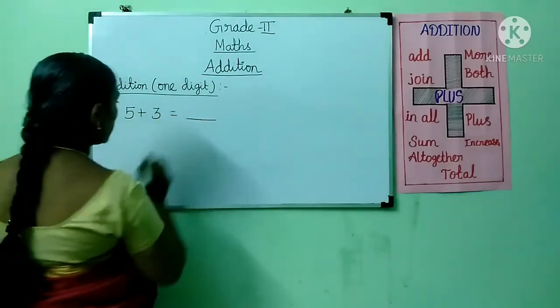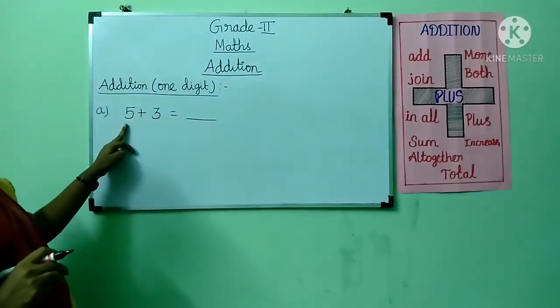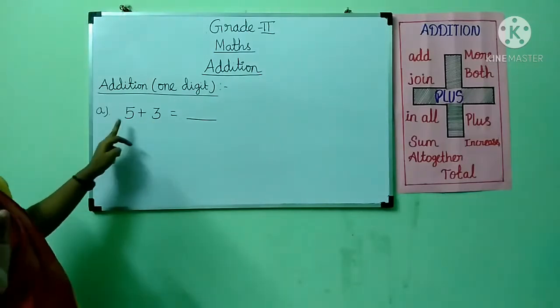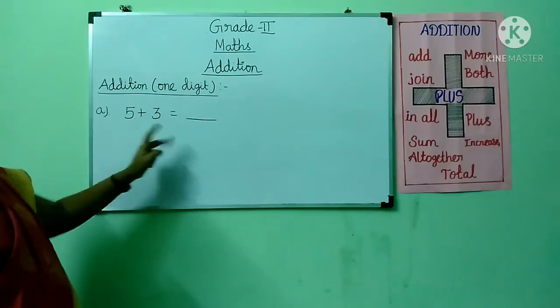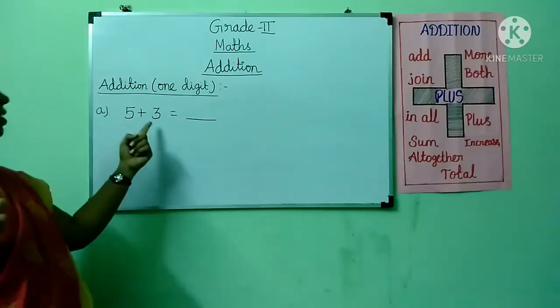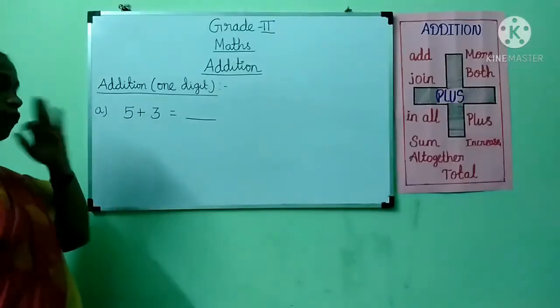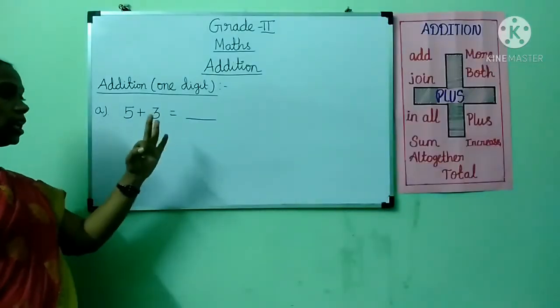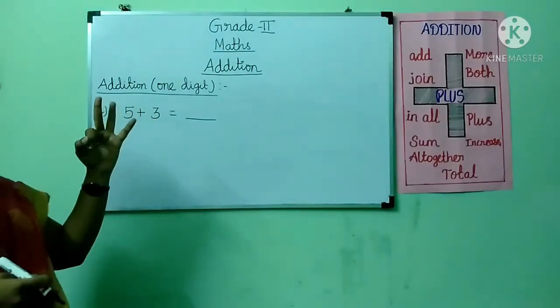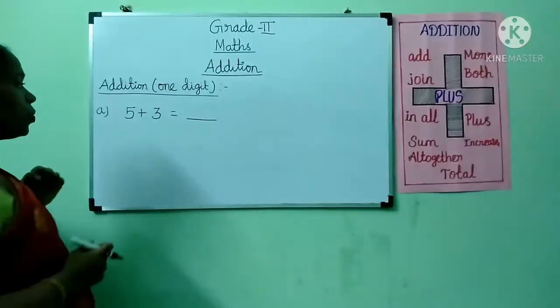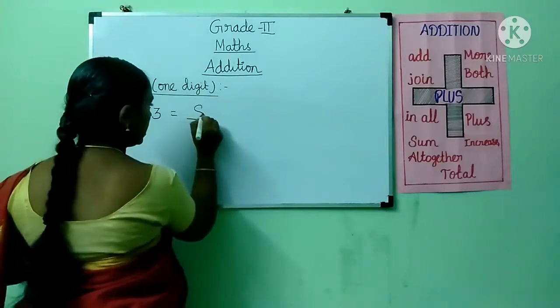So what will be the answer? See, the first number is 5. The second number is 3. So how to add these sums? First number in the mind, second number on the fingers. 5 in the mind, 3 on the fingers. 5, after 5 comes 6, 7, 8. So what will be the answer? 8.